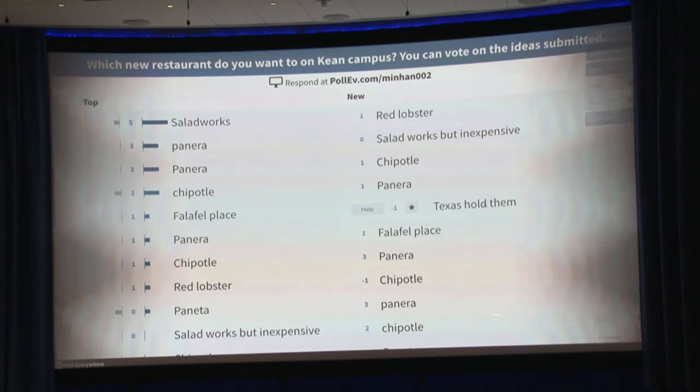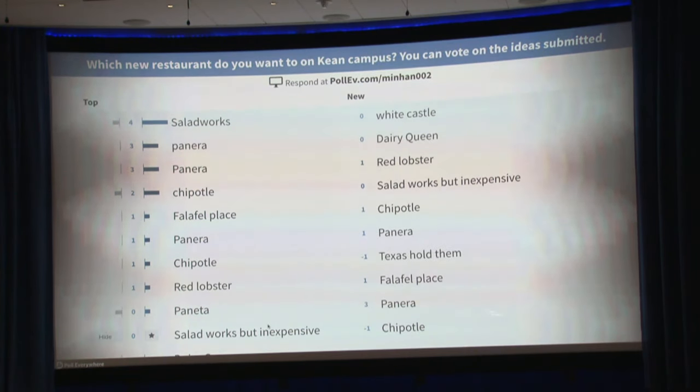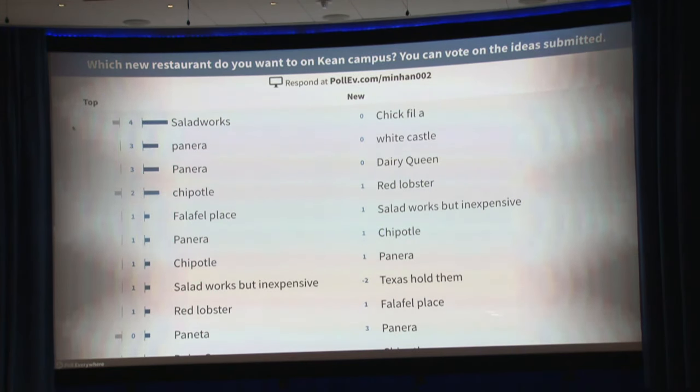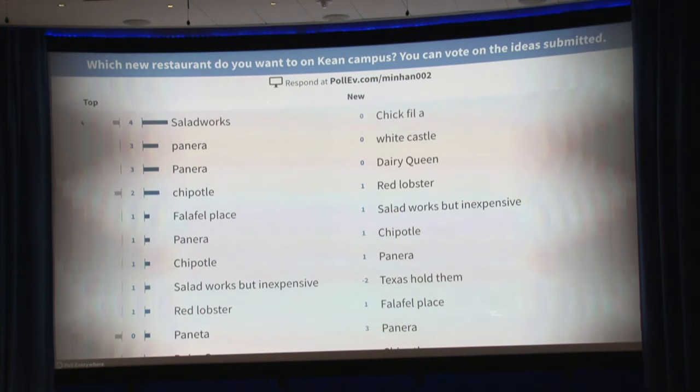So you can see that somebody doesn't really like Texas Hold'em. It's downvoted. And here, someone likes Salad Works, but also somebody doesn't really like Salad Works. The left side gray bar means downvote. Right side blue bar means upvote.